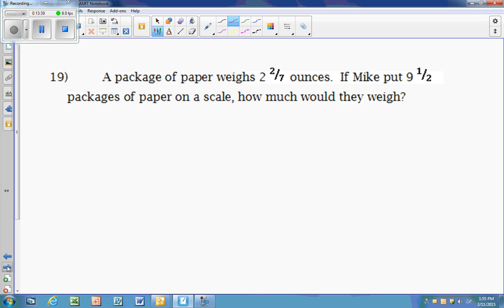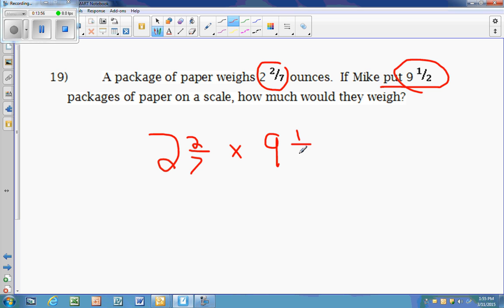Question 19 is about the package of paper. So we have the package of paper that weighs 2 2/7 ounces. And Mike is putting 9.5 packages on the scale. So you want to know how much that weighs, we need to multiply the two of them. So first we need to turn them into improper fractions, which is 16/7 times 19/2.